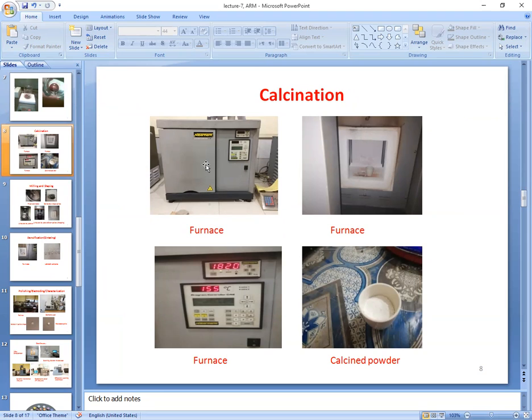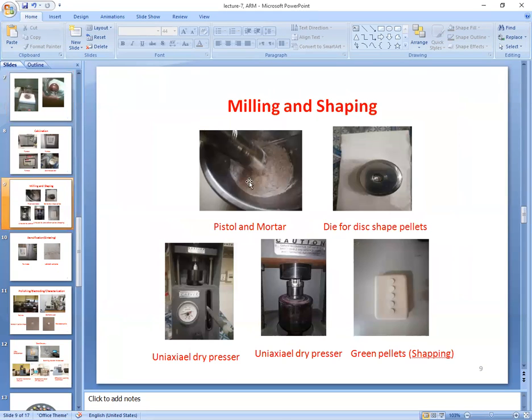It is the furnace used for the calcination purpose, and after calcination we get fine powders, and after remilling the powder, so that agglomeration may be avoided, and after the remilling of the powder, it is pressed into pellet shape, and we get green pellets. And then we have to sinter again.